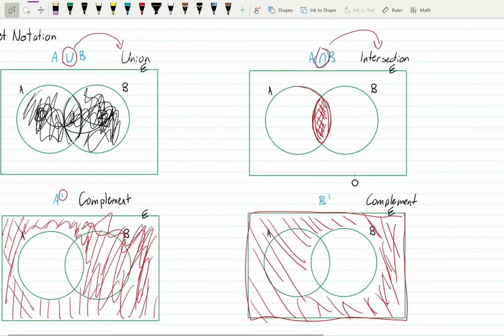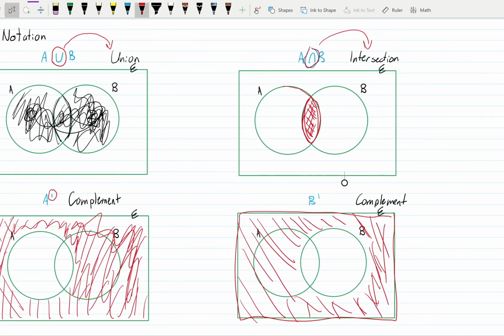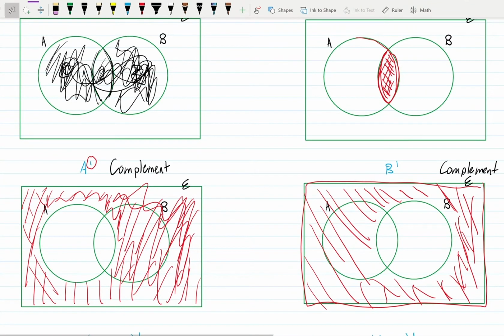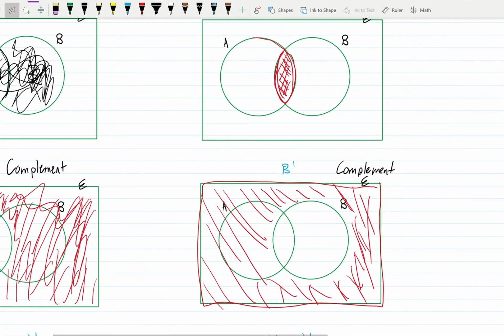The intersection now is just going to be the elements that are only shared between both A and B, and that's it, right? The intersection is just the elements that are both in A and B. And now the complement, if we have A complement, that's just simply describing all of the elements that are outside of A, and for the B complement, all the elements that are outside of B.